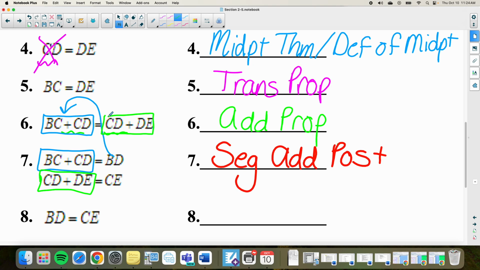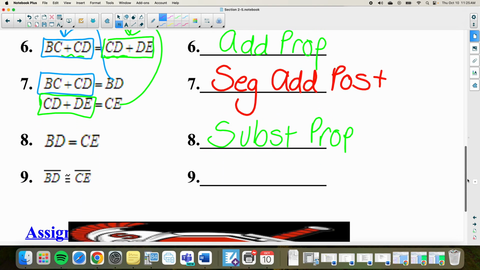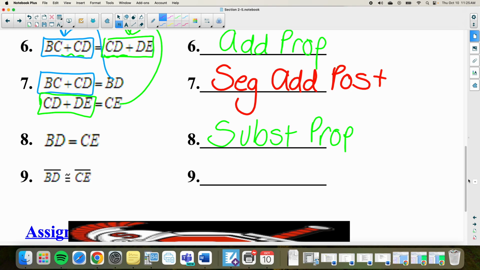So I can take that green box out and put CE in there. That is what they did, and like I said, that is substitution property. And then if you look, how did they get from step 8 to 9? Christian? Definition of congruent segments. Yes, they just put the bars and the squiggly back on.